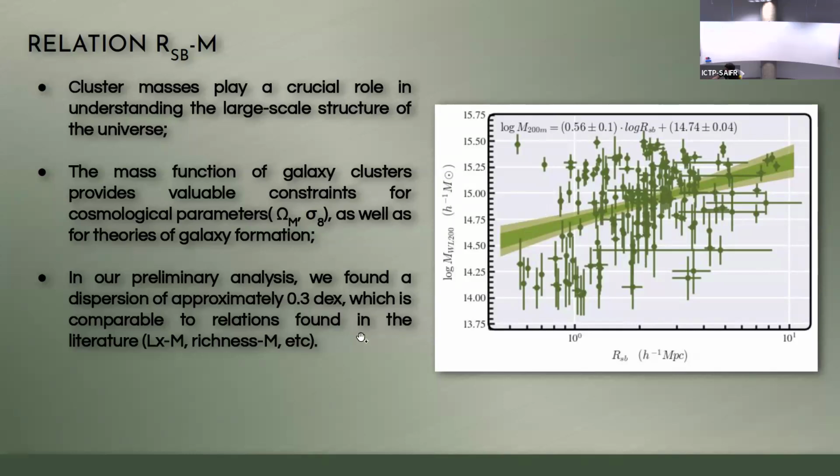Now we got a scatter of 0.3 dex, which is kind of comparable to other relations using luminosity or X-rays and richness. But it's just preliminary, and I said that I'm using spectroscopy.